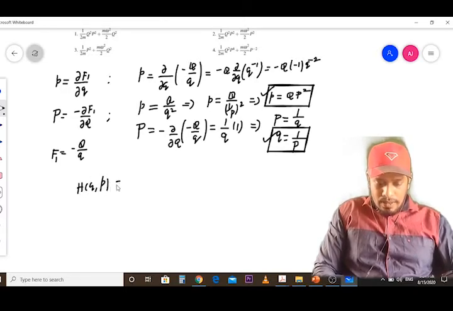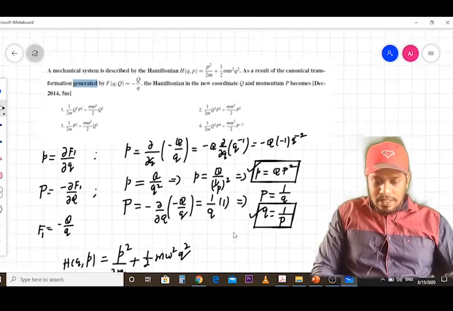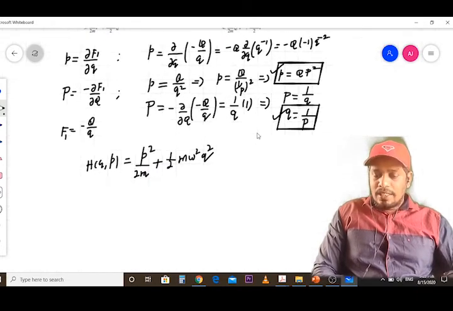It's the classical harmonic oscillator: small p square by 2m plus half m omega square small q square. We can check, yes, this is right. Now we can substitute directly the small p and small q here.